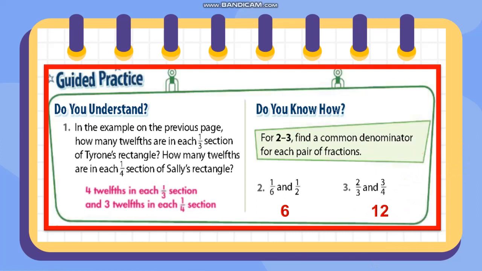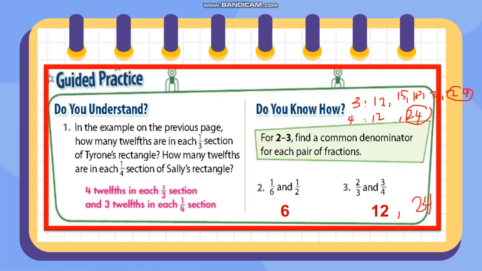If you continue, we have a lot more. So let's try 3 and 4 after 12. After 12, we have 15, 18, 21, 24. For 4, after 12, we have 24. So 24 is common. It means 24 is also a common denominator of 2/3 and 3/4.